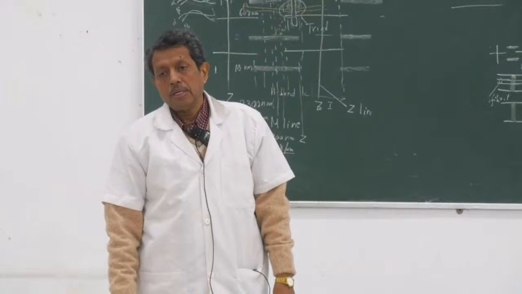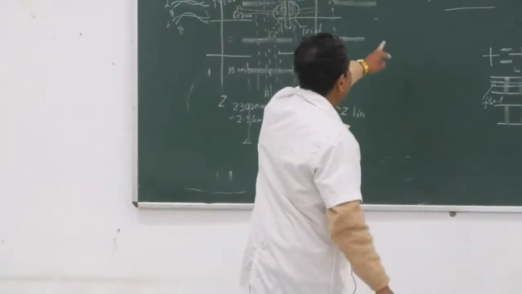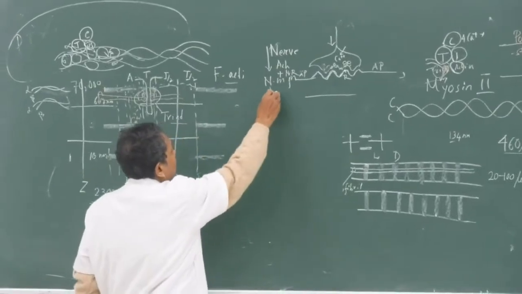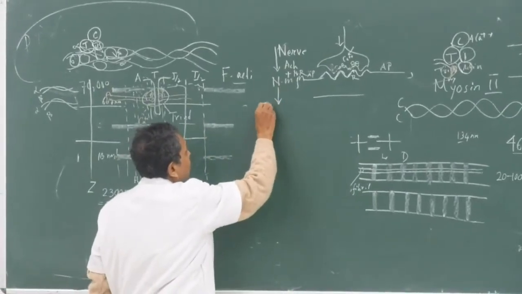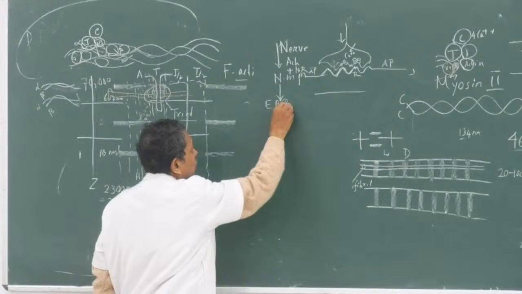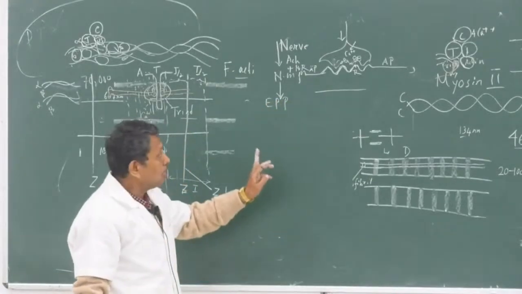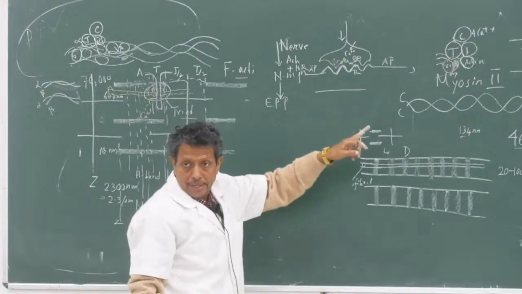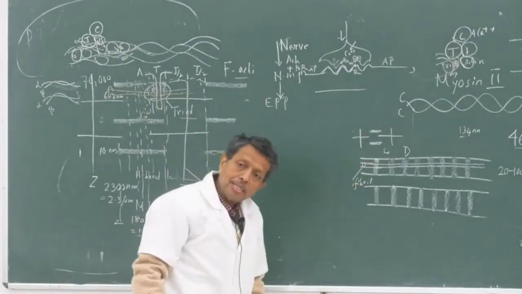Now, what occurs in this case? Then there is the action potential. Initially, there is the end plate potential, and it can be demonstrated that if the receptor is treated with curare, then the end plate potential can be demonstrated.